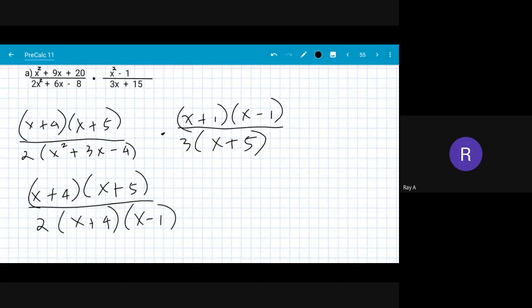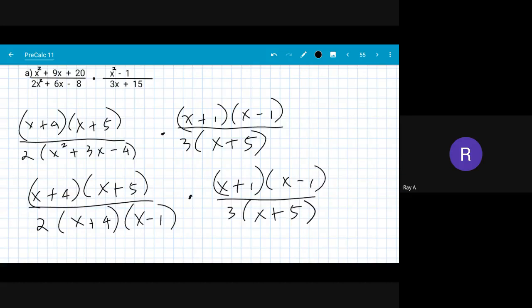Times x plus 1 times x minus 1 over 3 times x plus 5. All right, so it has been completely factored out.